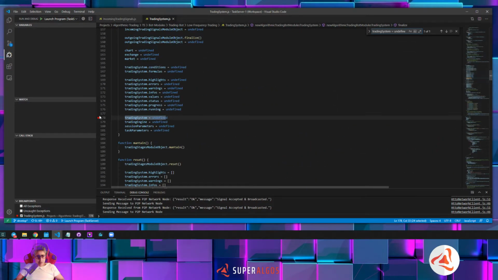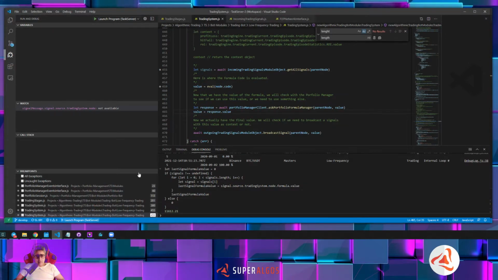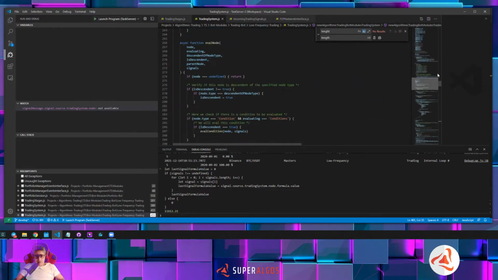Okay, so what I'm going to do is run the second trading bot inside Visual Studio Code.